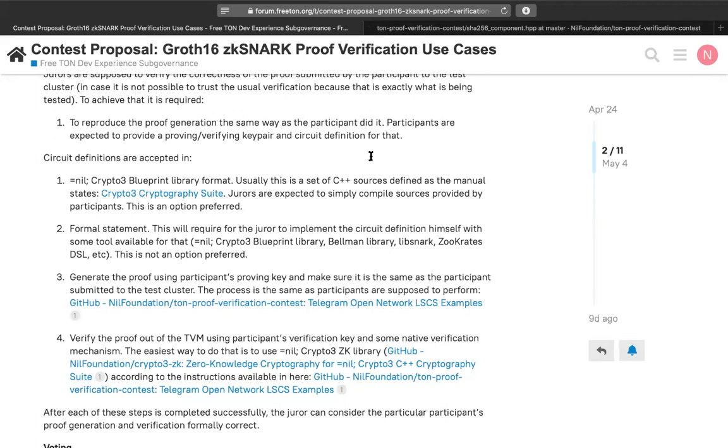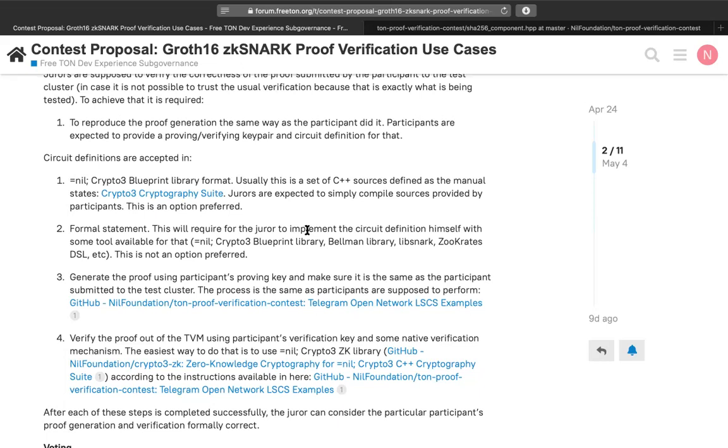Okay, now let's talk about the case where the participant wants to be very original, or is familiar with some other circuit definition library, which might be better or more comfortable, or he's more used to that.